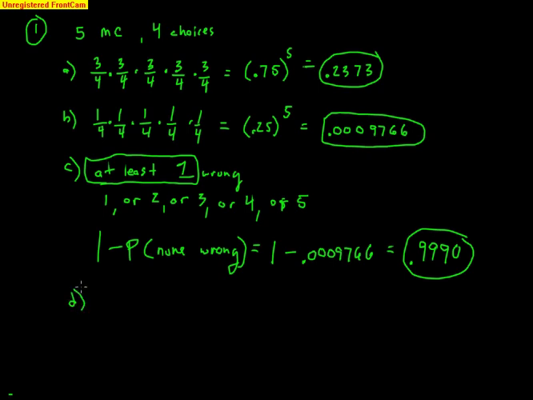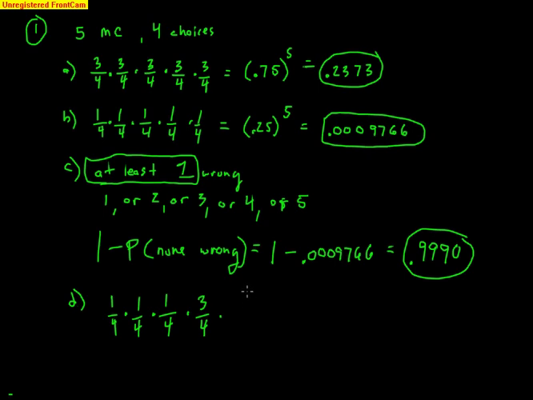D here, get your first incorrect answer on the 4th question. Okay, so the first incorrect is on the 4th question. So that means you got the first one right, 1 out of 4. You got the second one right, 1 out of 4. You got the third one right. Your first incorrect happens on the 4th question. Now, what about the 5th question?